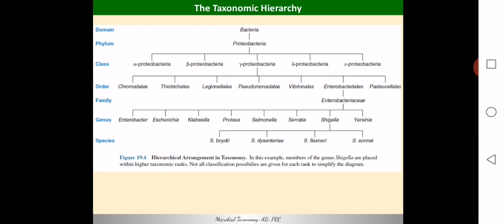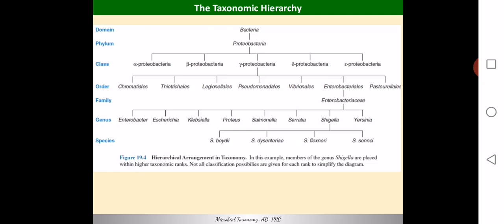This species belongs to the genus Shigella, and Shigella belongs to the family Enterobacteriaceae. This family is a member of the order Enterobacterales, which belongs to the class Gammaproteobacteria, a member of the phylum Proteobacteria, which belongs to the domain Bacteria.